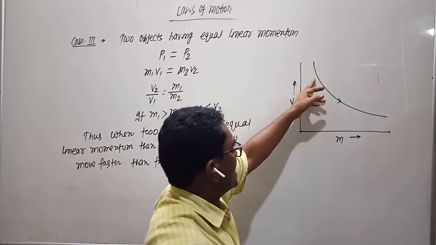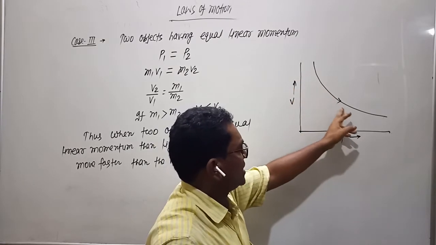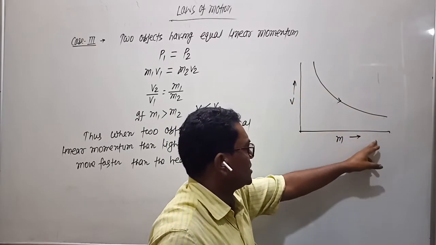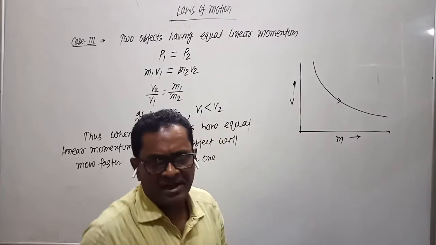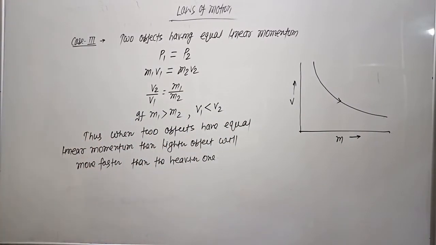When the mass is less, the velocity is high. As the mass goes on increasing, the velocity goes on decreasing. So this is the graph for the third case, when two objects have equal linear momentum. We have discussed all three cases of linear momentum.